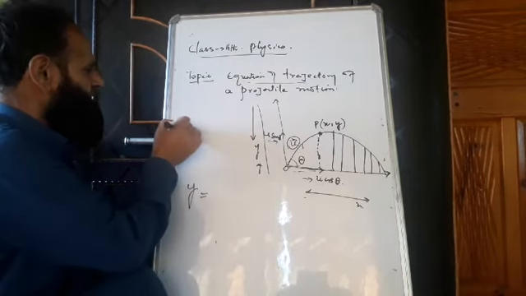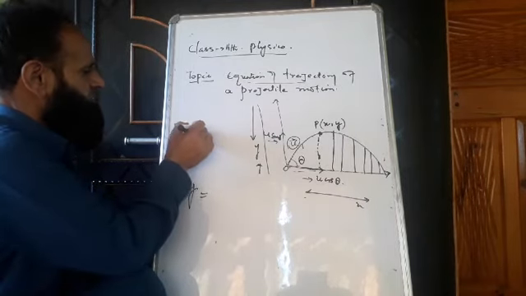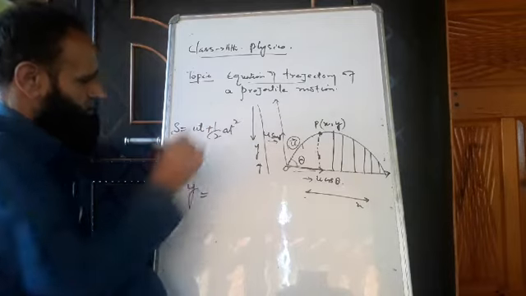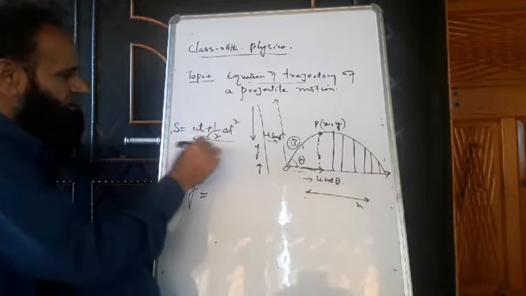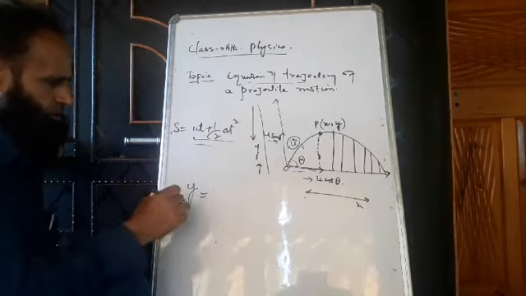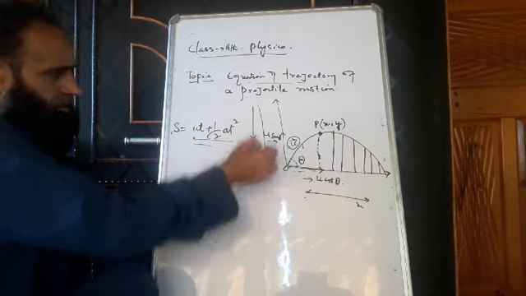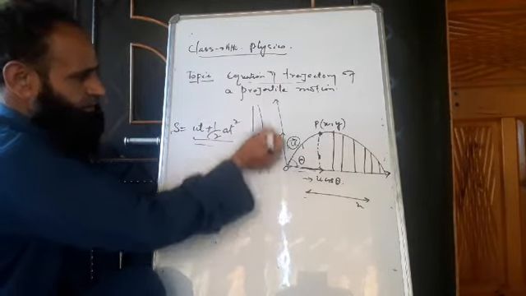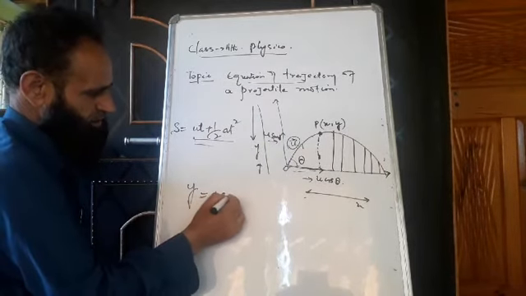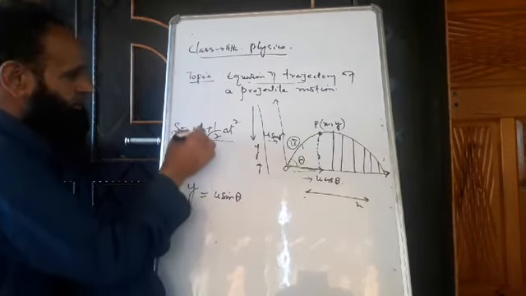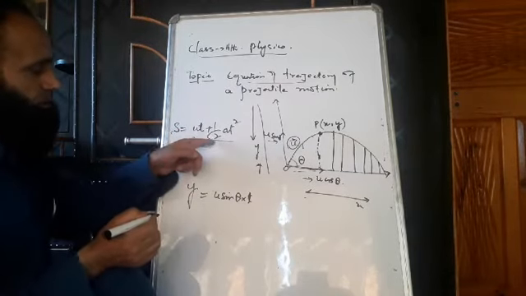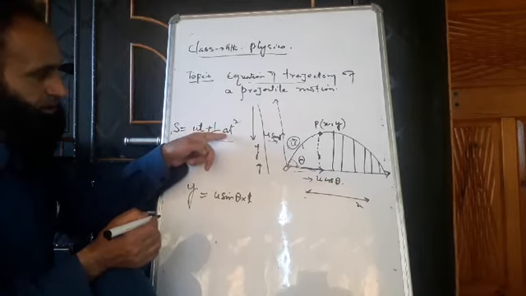We were finding the distance by the equation of motion as ut plus 1 half of at square. We may use the same equation here. Y is the vertical displacement, u is the vertical velocity, that is u sin theta, into t, plus 1 half of at square.